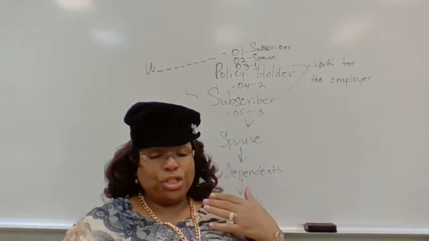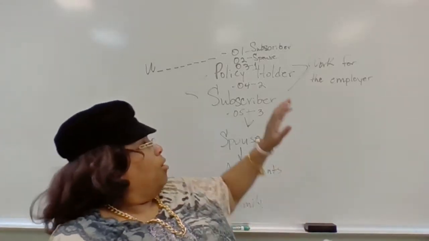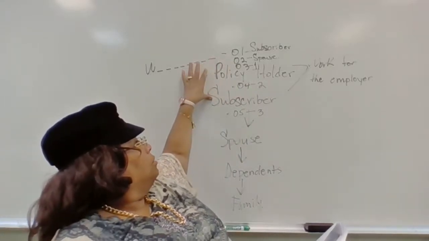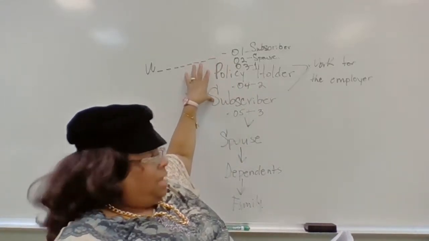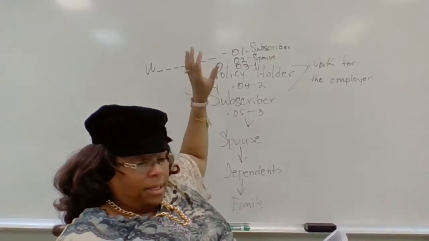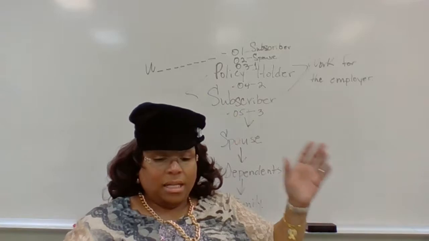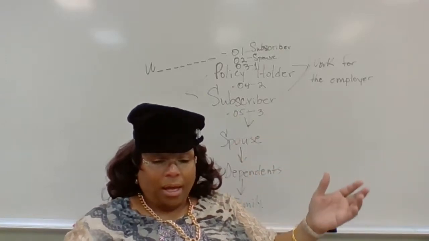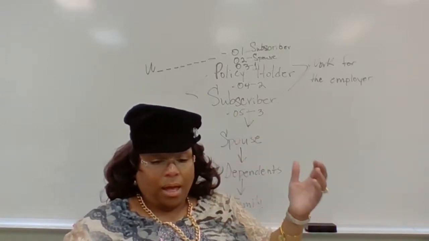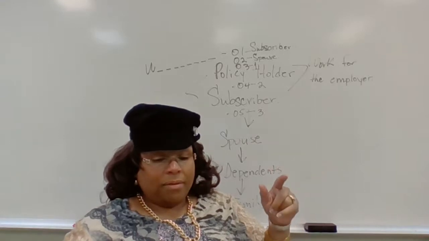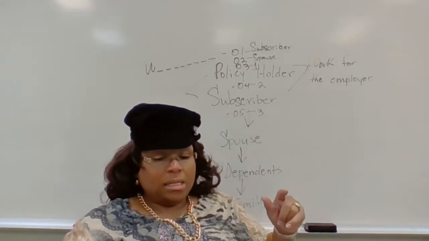Number 4, insured's name. Here we go. Policy holder. Bobby Joe. That's my husband. His name will go right up there. Insurance address, where we live at. City of Houston, blah, blah, blah. Zip code, blah, blah, blah. Okay, that's number 7. Move on to number 6.